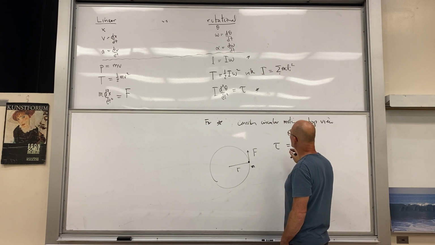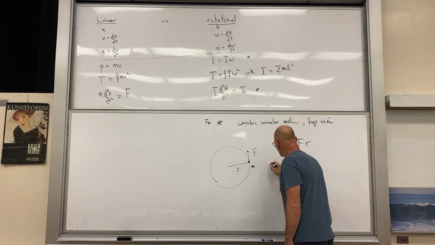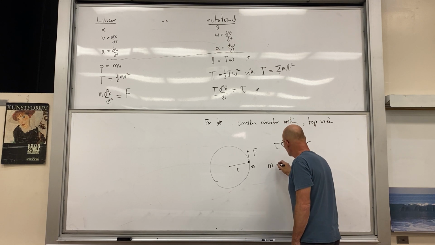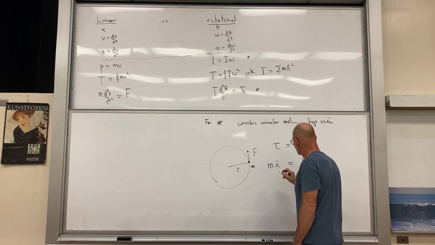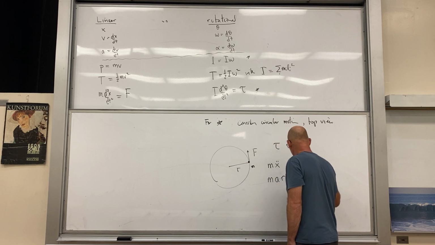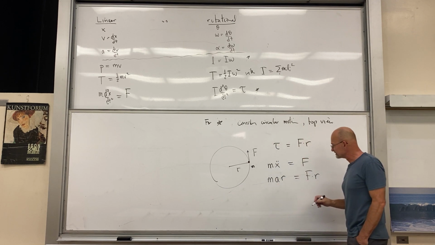Tau is F dot R, and we have M times the acceleration equal to F. M times A times R is equal to F times R.